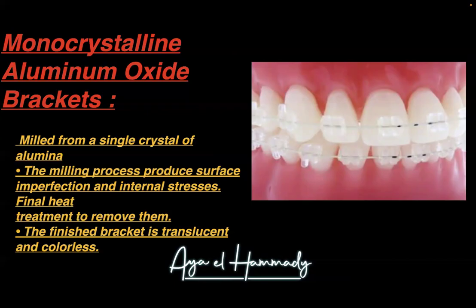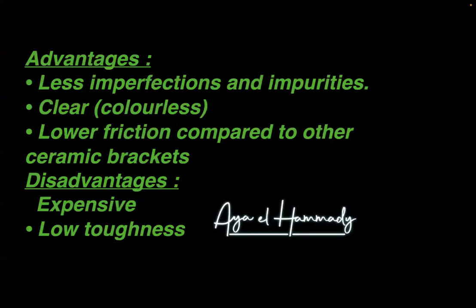It may have more stress during manufacture and it's still in the body. It doesn't release, okay? So the end result will be a translucent and colorless one. But yet we have a lot of energy here in the body. It doesn't release yet, okay? And the imperfections, because it's done by the milling machine.